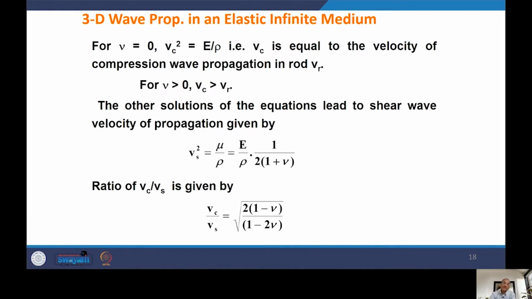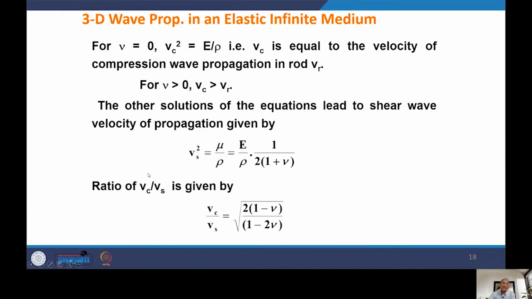One is called the compression wave, whose wave velocity is represented by Vc, and another is called the shear wave, whose velocity is represented by Vs. Thus both velocities Vc and Vs are represented in terms of E, mu and rho using these two equations, this Vc square and this Vs square.